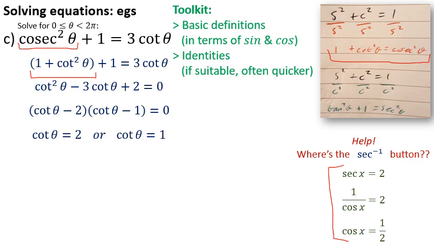Now we've got two solutions here, and one of them, if this had been a cos theta, we would immediately reject. But remember, because sec, cosec and cot are different to sine, cos and tan, they have a different range and they will potentially have different values that you would reject or accept. For cot theta, any value is fine. It's just like tan.